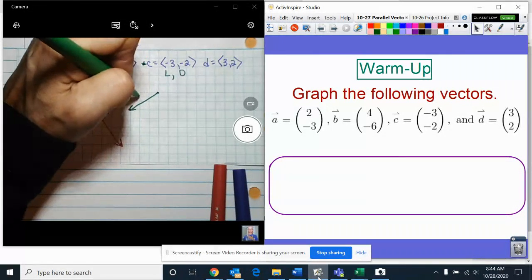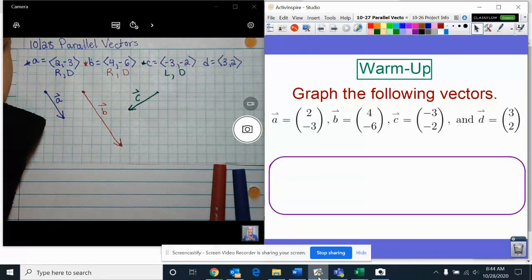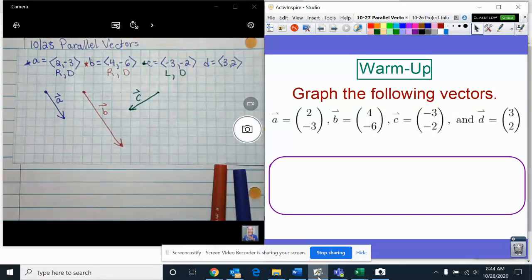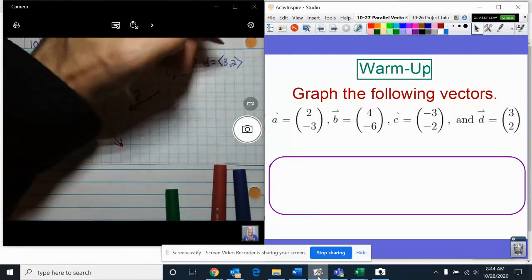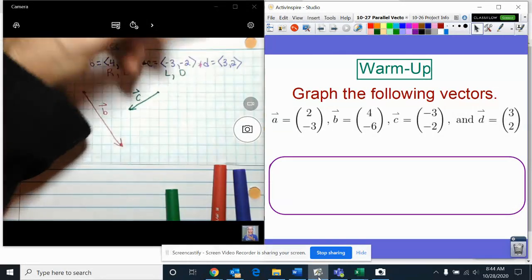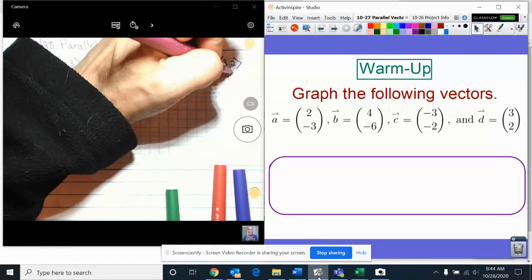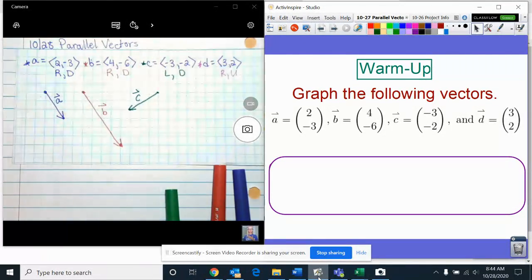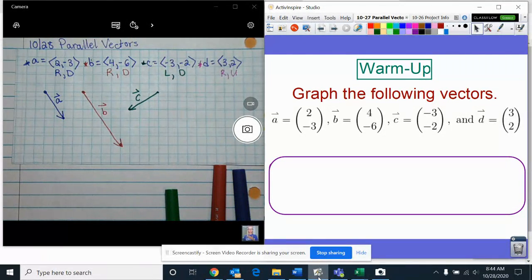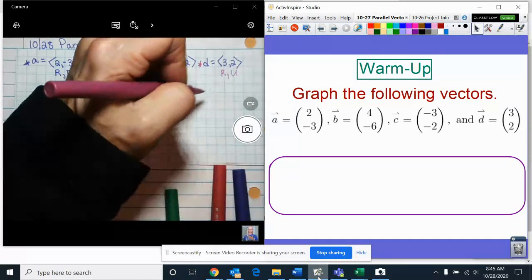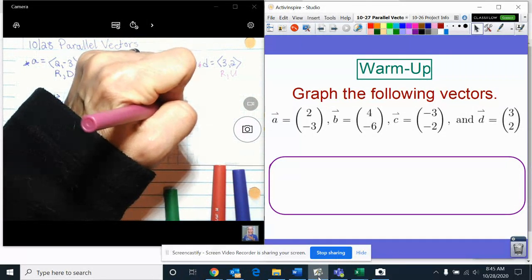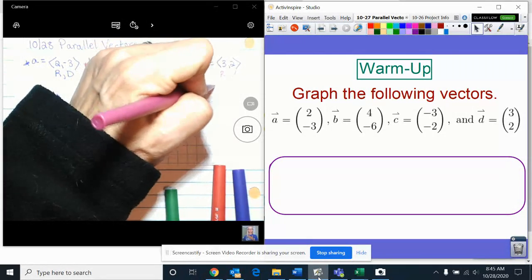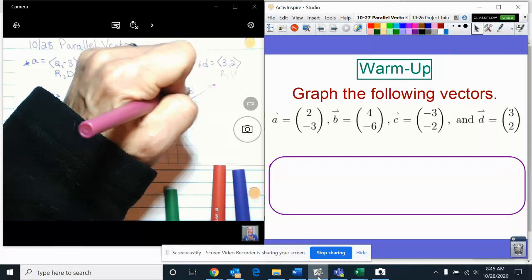So there is my vector C. Vector D is going to go to the right and up. So I want to make sure to leave myself some space in my graph to move up. So I'm going to start down here. I'm going to go to the right 3, but then up 2. And this is vector D.